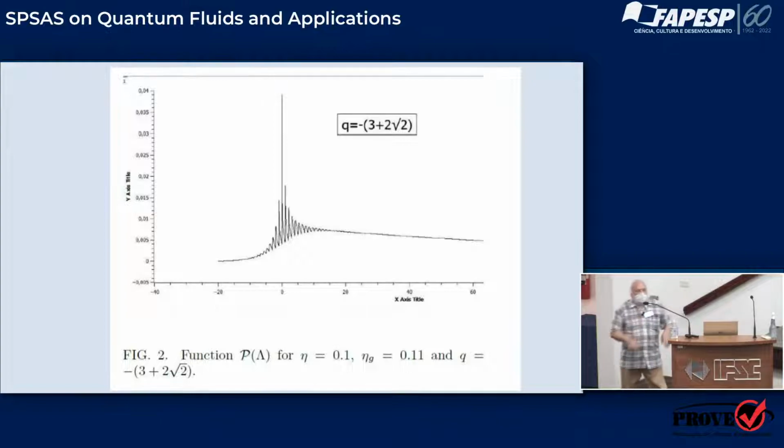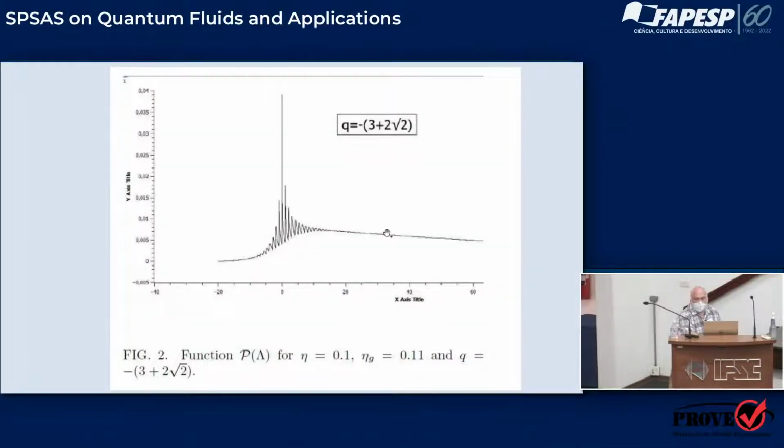For some parameter, I shall not explain why we took this parameter, you see this negative part becomes very small, with some oscillation for small values of lambda when the first Bessel functions appear. And after that, you see some oscillation, and after that, an almost linear decay, because this is not in logarithmic scale, and this is only the part up to lambda equal to 60, and the mean lambda is about 200.